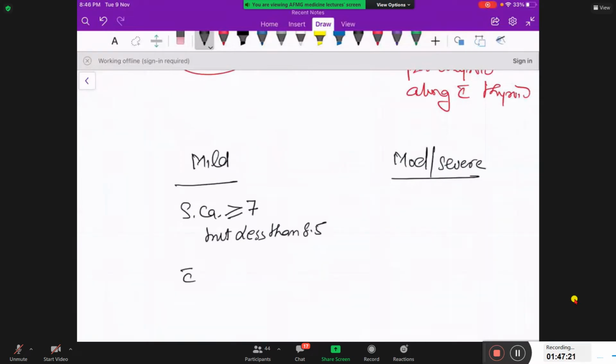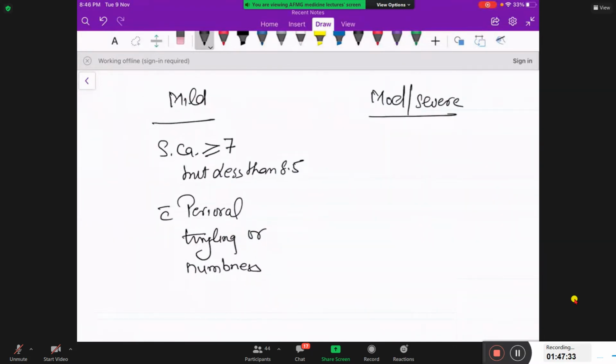with perioral tingling or numbness. Moderate to severe is called when the serum calcium is less than 7 or the patient has frank tetany.